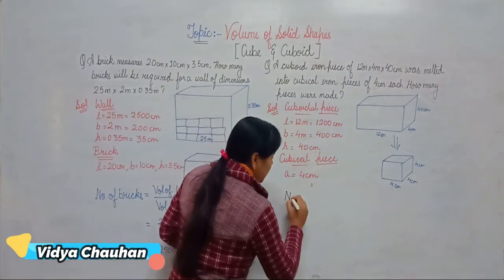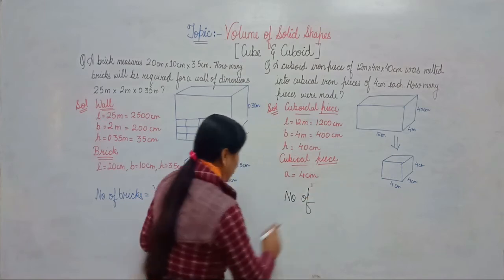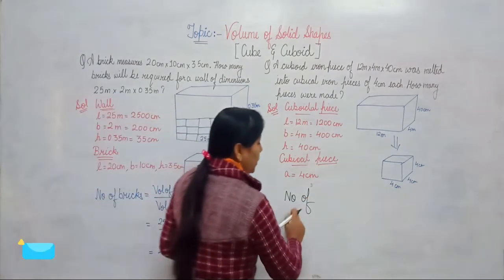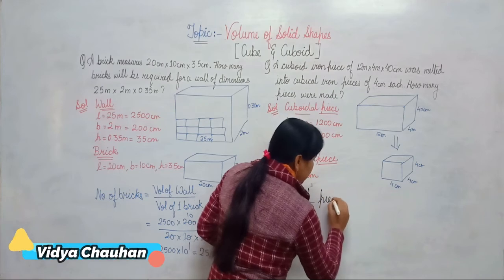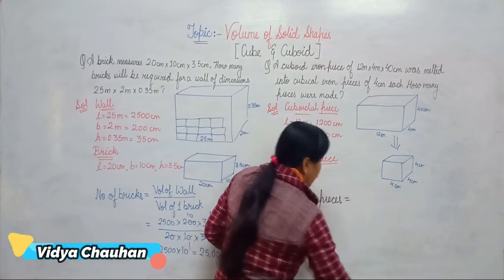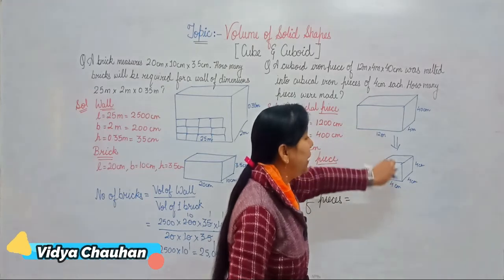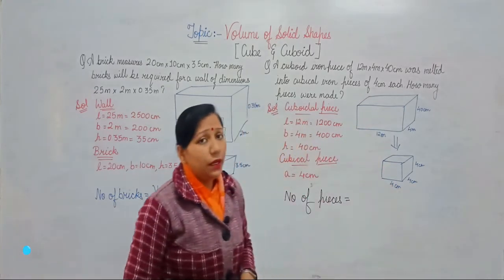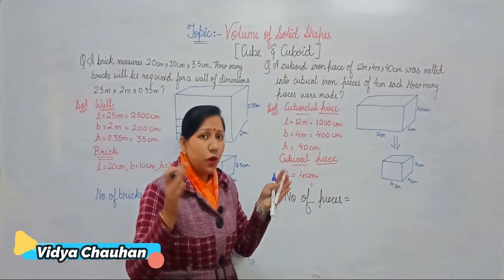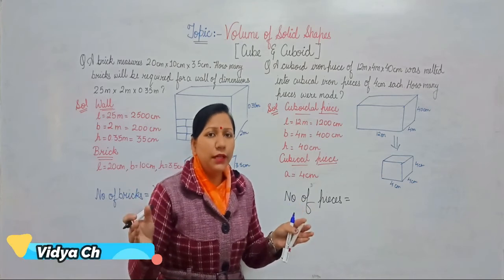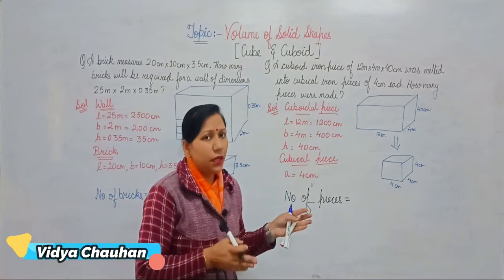At last, just like the previous question where we calculated the number of bricks, now we will calculate the number of pieces. For the number of pieces, once again we will be dividing the volume of the cuboid by the volume of the cubical piece. Why? Because from the whole melted iron of the cuboidal piece, we are making the cubical pieces.